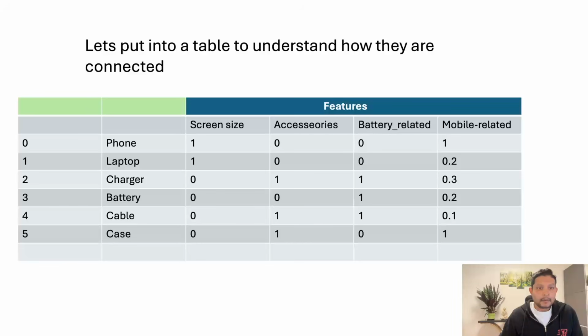Similarly, a laptop has a screen size, and it is mobile related, but with a very weak feature, and we'll see later how graph attention scores these things. That is the beauty of graph attention. And then charger doesn't have screen size, it is accessories related, and so on and so forth.